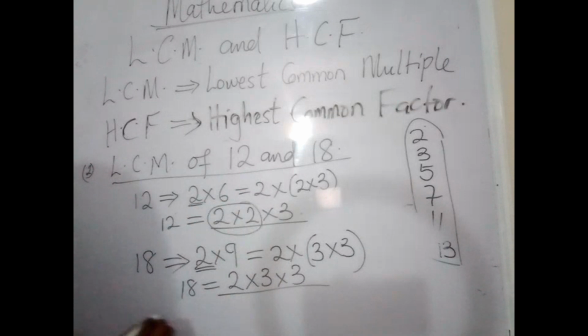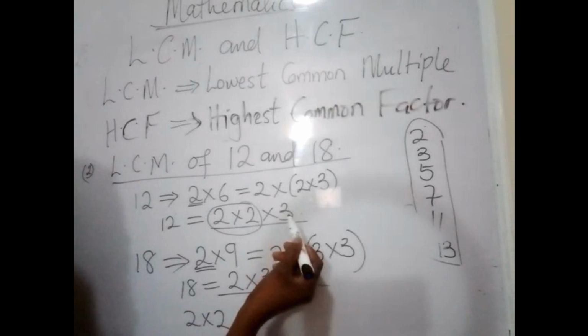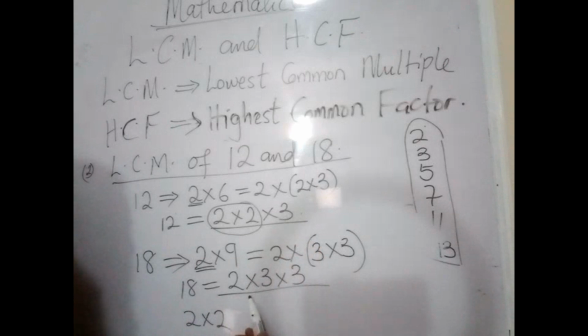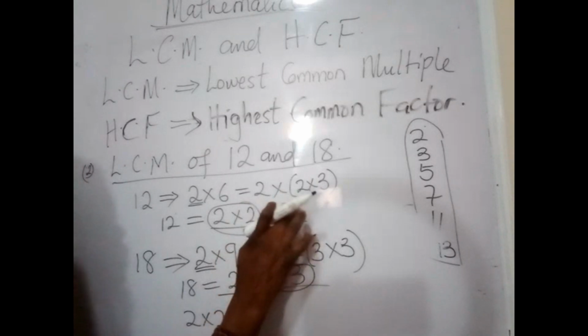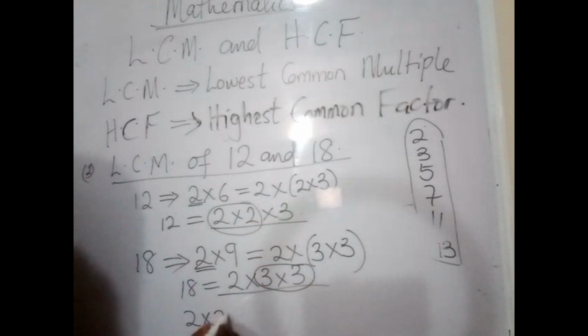So we have 2 times 2. Now if you look at here, we have 1 3. But then when we come down here, we have only 1 2, but we have 2 3s. So 3 in 2 places is higher than 3 in 1 place. So we will not use this 1 3, rather we will come here and use the 2 3s.